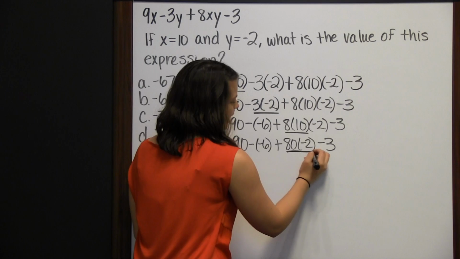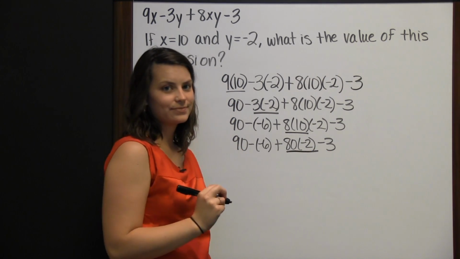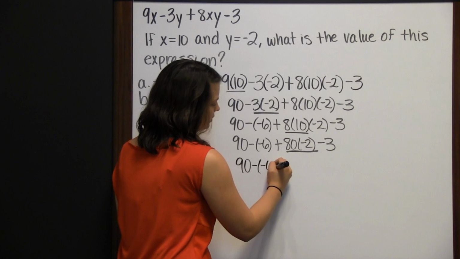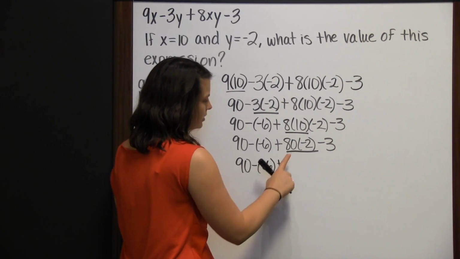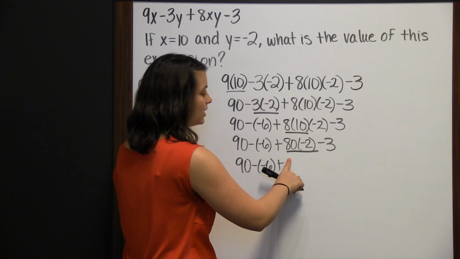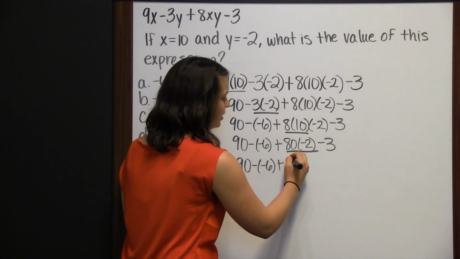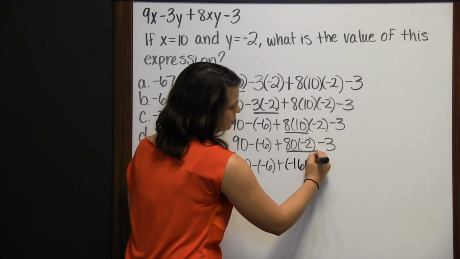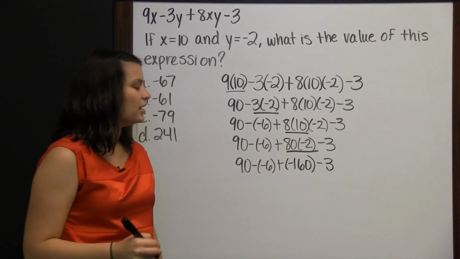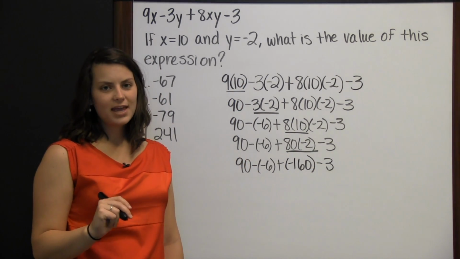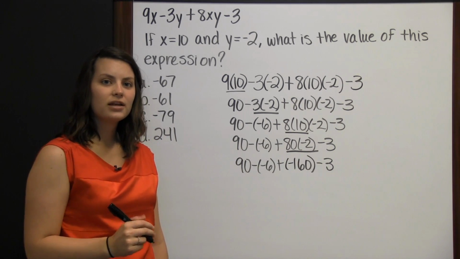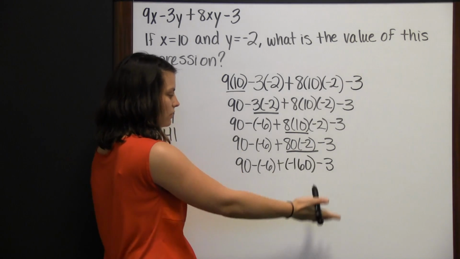Then we need to multiply 80 times negative 2. So we bring down our 90 minus negative 6 plus 80 times negative 2. A positive times a negative is a negative, so negative 160 minus 3. Now that we've taken care of all the multiplication, we're now going to work with addition and subtraction, again from left to right.